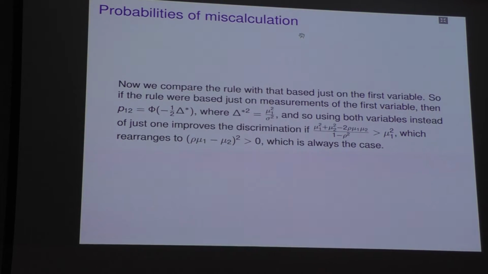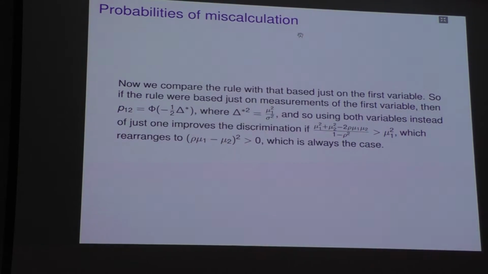It shows that whenever you've got two variables, that gives you more information, reducing the probability of misclassifying things compared to using only one variable. As you'd hope, right? You've got more information, so you'd certainly imagine that should be helpful and should improve things.